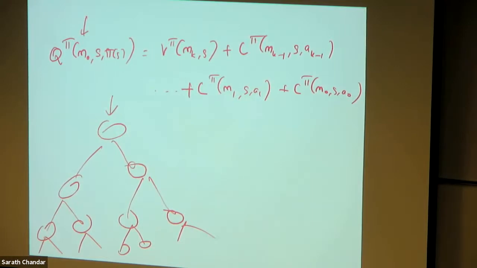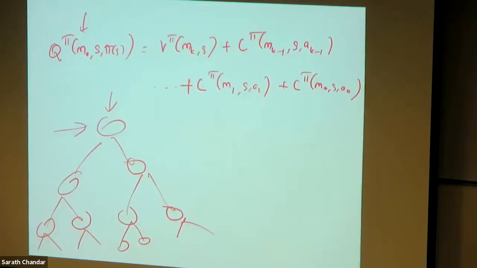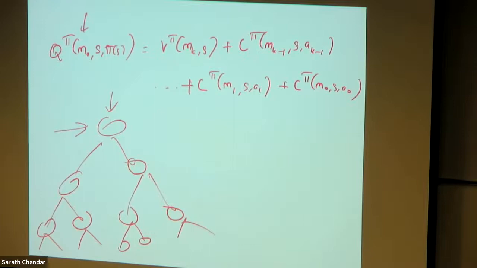Now, if I have to take an action at this level, then I need to do a max over all possible Q values, right? Taking this max means you have to do a complete search over this tree. What happens if I do this? You sum all these things, you compose back the Q value. Or what happens if I do this?